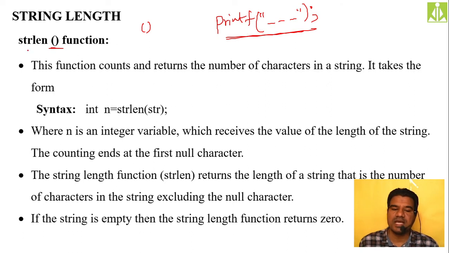So this entire thing is a function, the printf function. Likewise strlen is also a function. strlen is a short form; the full meaning is string length. It will simply count the number of characters present inside the supplied string, excluding the null character.